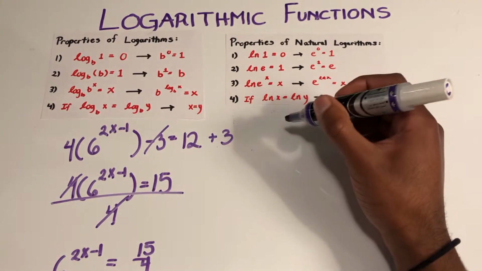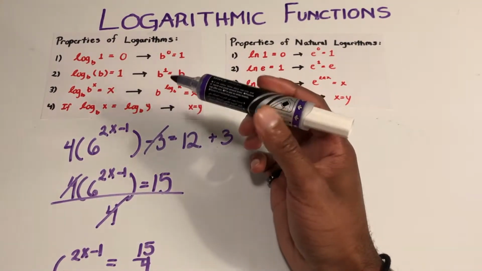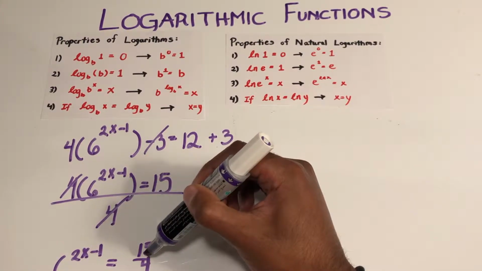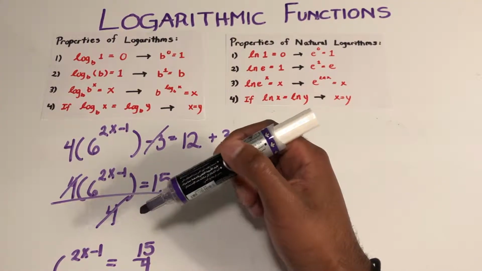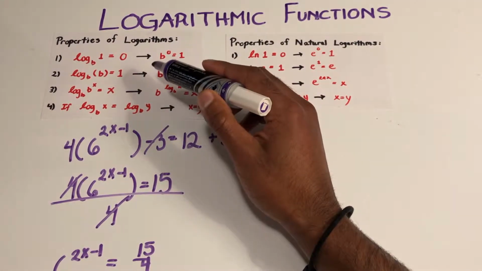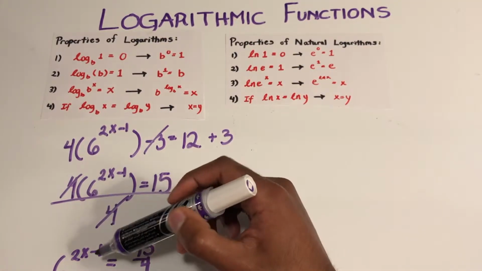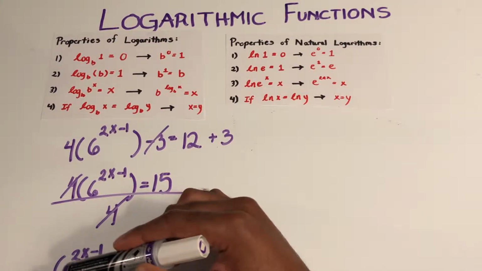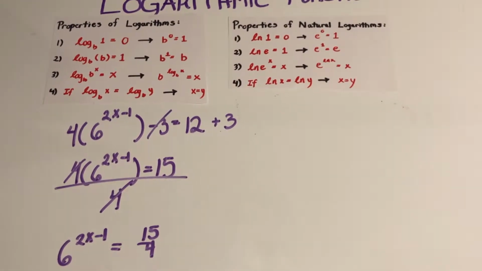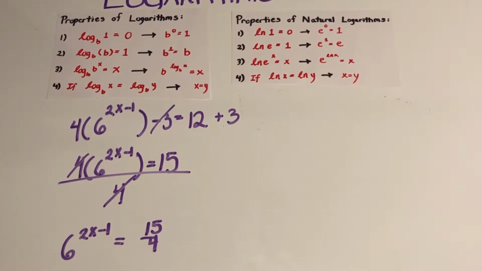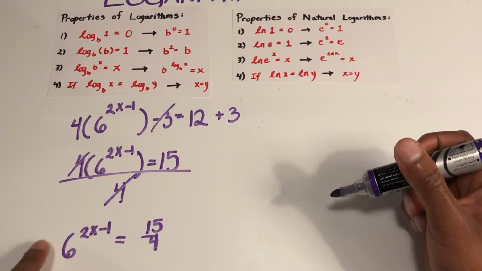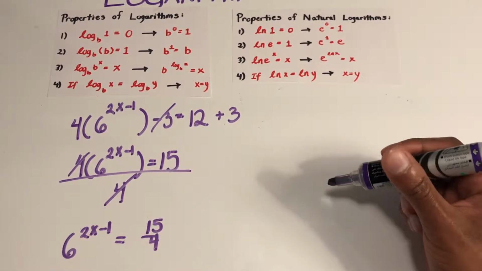Now, since we can't really make this the same base, what we can do, however, is use one of our logarithmic properties. We can attach a log base 6 of 6 to the power of 2x minus 1.